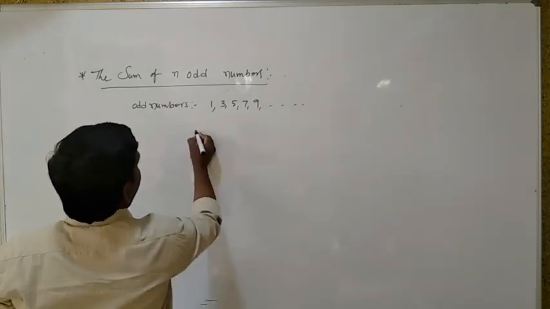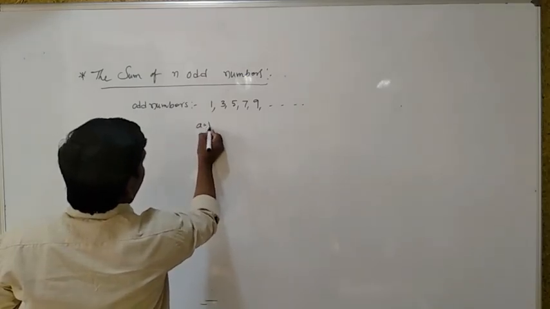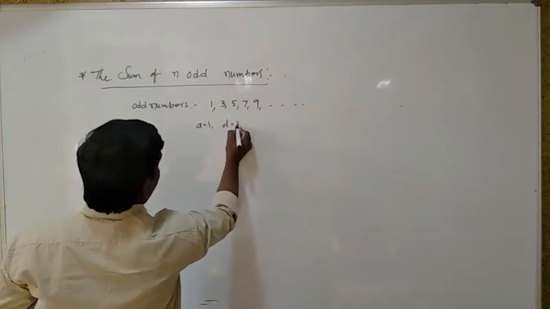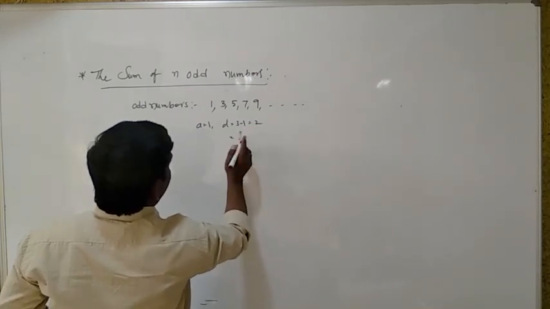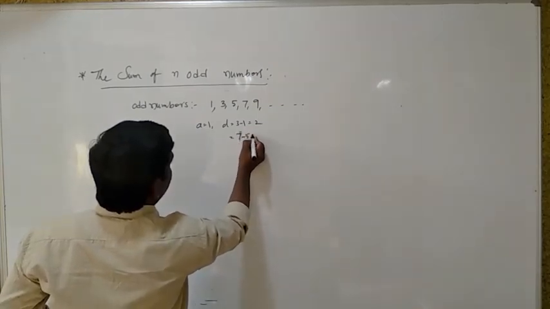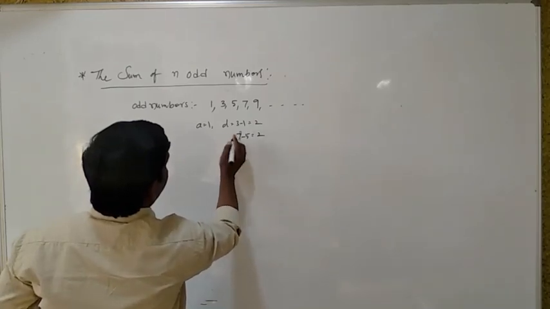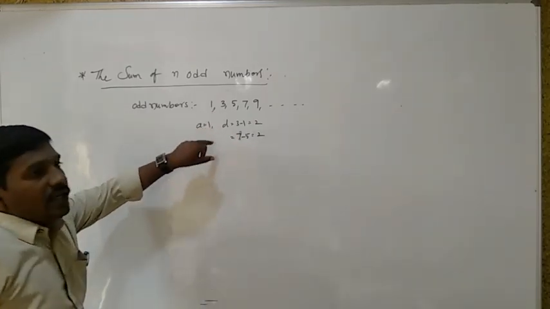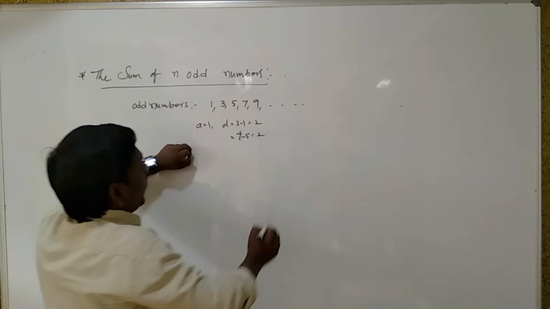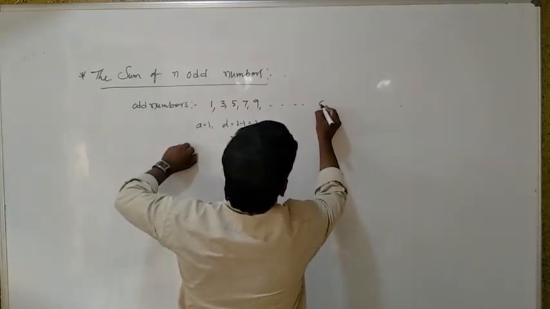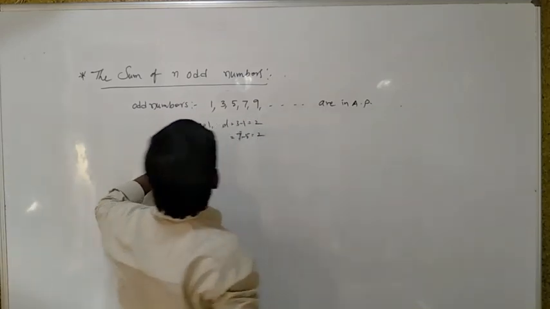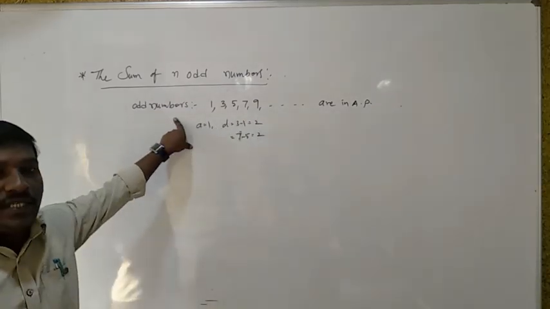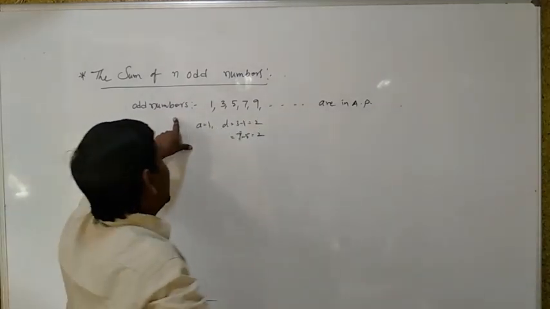Here a equal to 1 and d equal to 3 minus 1, 2, and 7 minus 5 equal to 2. So the common difference is equal. So they are in AP. The series of the odd numbers are in AP.